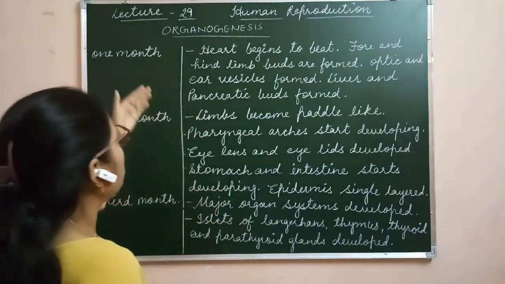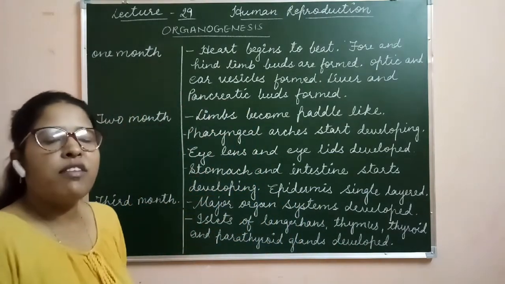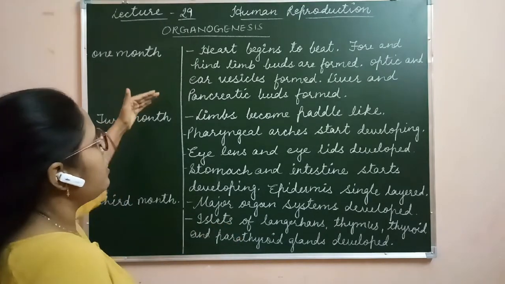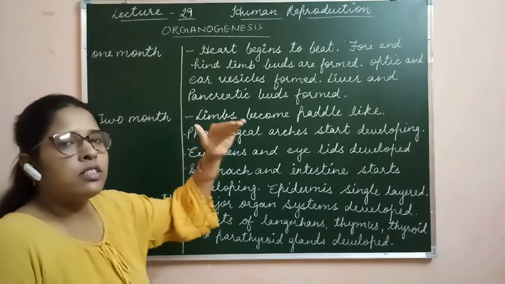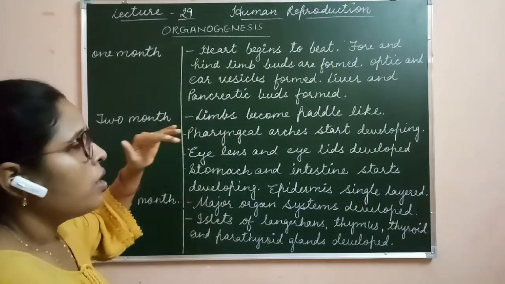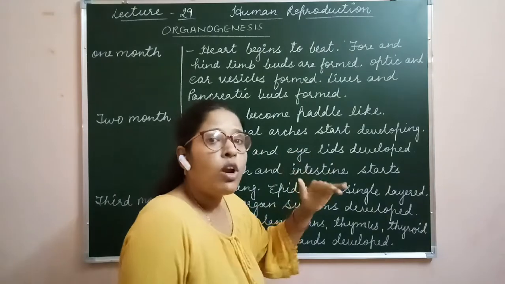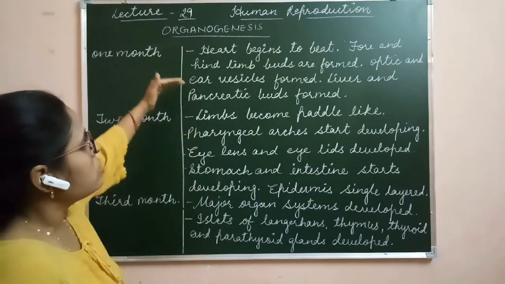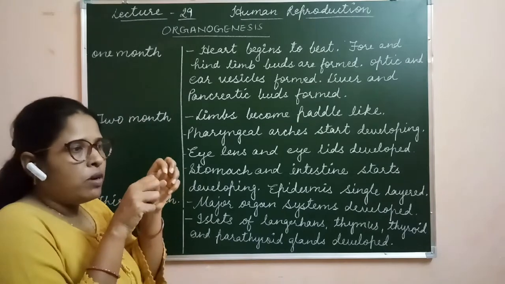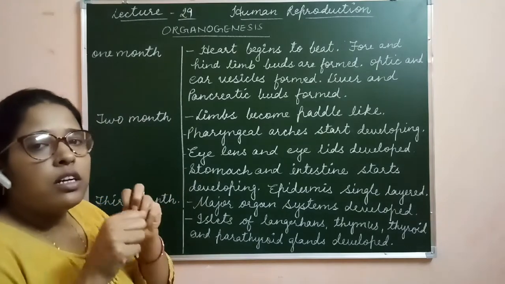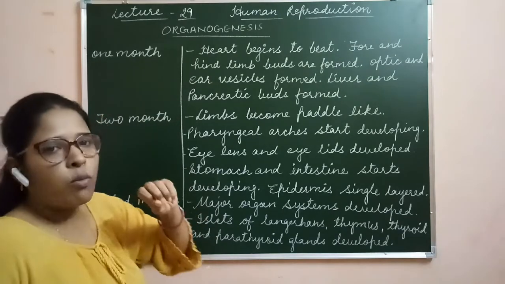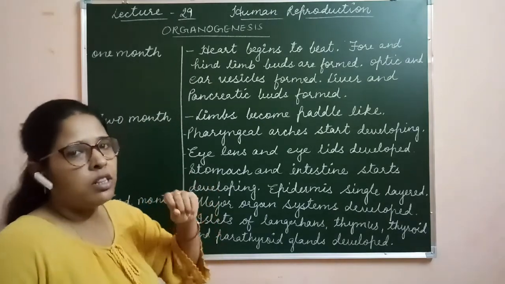By the completion of the first month of pregnancy, the heart starts to beat. Forelimb and hind limb buds are formed. It means the place from where the forelimbs and hind limbs originate, those buds are formed at the completion of the first month.